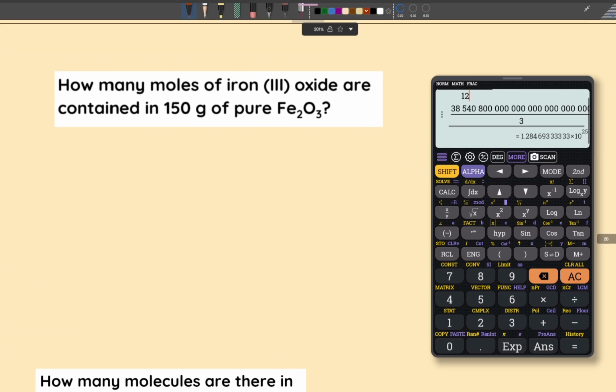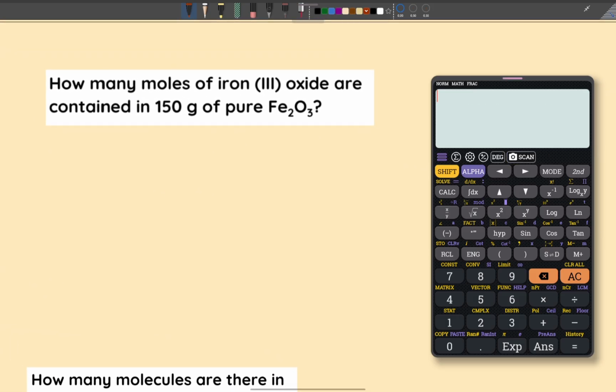The rest are almost the same. Next, the given is in grams to mole, so we'll be using molar mass. So you find first the molar mass. So 150 grams multiplied by gram per mole.